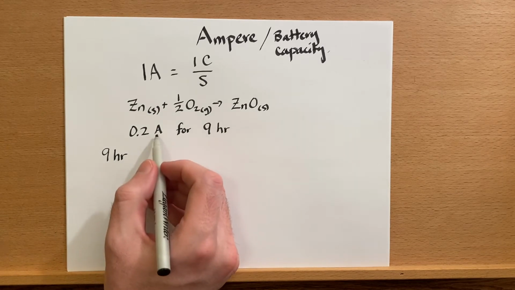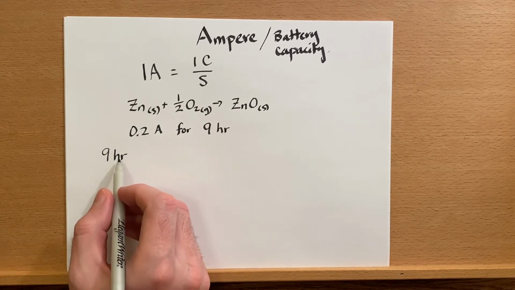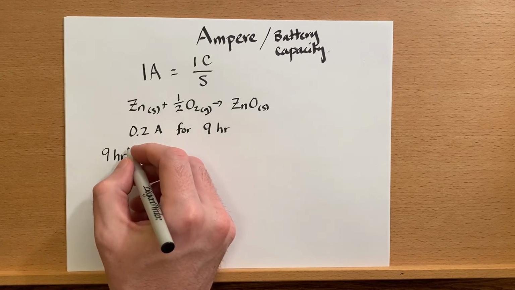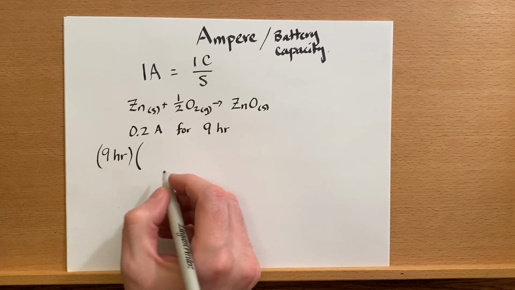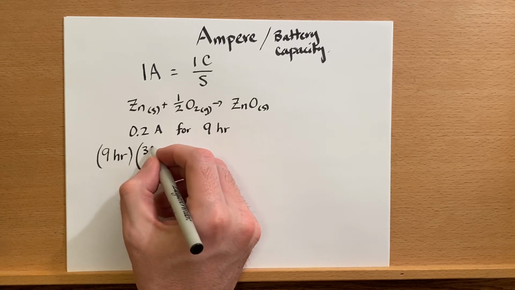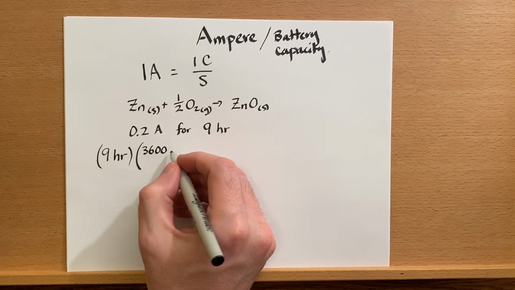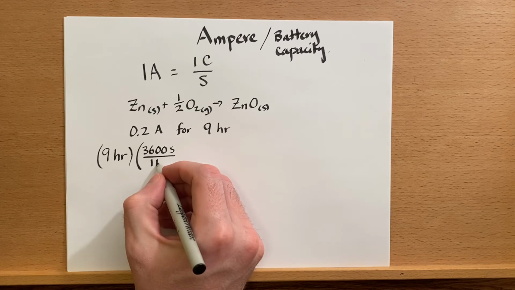Now, I know that amps is coulombs per second, so I'm going to need to convert hours into seconds. So let's do that. If you recall how to do dimensional analysis, it might have been a little while. There are 3,600 seconds in 1 hour.